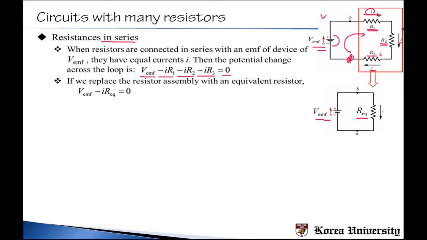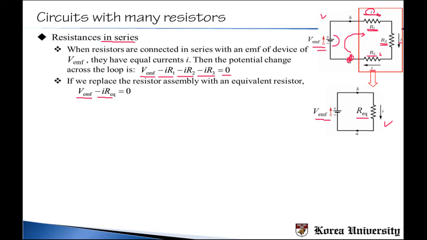Let's call this single resistor REQ, meaning it is an equivalent resistor, which is the same as the combination of the three resistors, okay? So in this circuit, we have only one resistor. So let's try to apply the loop rule again. Then simply it'll be plus VEMF minus IREQ.